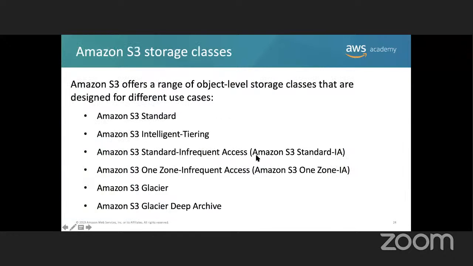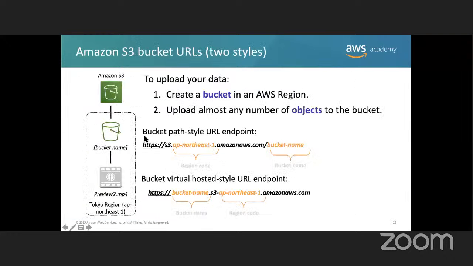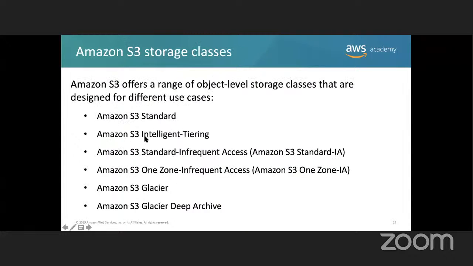That's what S3 Intelligent-Tiering is going to do. It just follows the patterns. You want to save on cost, so you don't want an object that is not frequently accessed sitting here. You want to move it here.